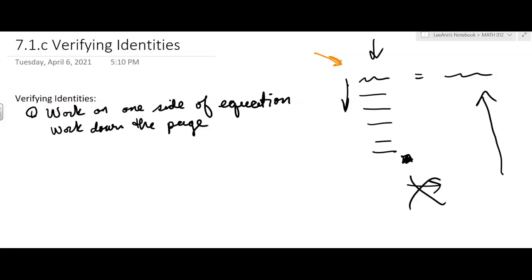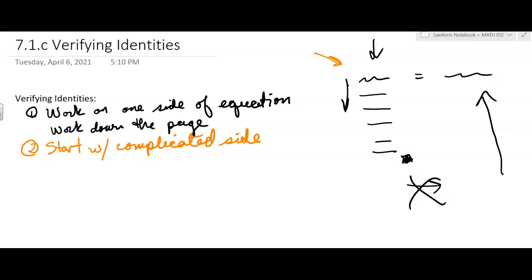Oh, the other thing I was going to say is we usually start with the more complicated side. It's easier to take something complicated and simplify it than to take something that's already simplified and try to make it complicated.